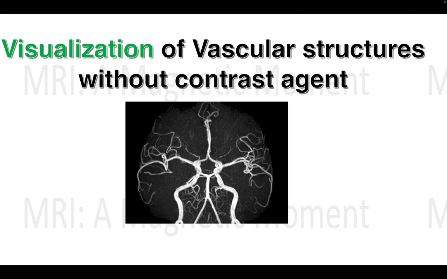We can run time of flight sequences, TOF, without injecting the patient, to see the vascular structures in MRI. And please don't worry about unfamiliar terminologies such as time of flight TOF sequences. We'll cover these in the flow phenomenon and MR imaging in future modules.